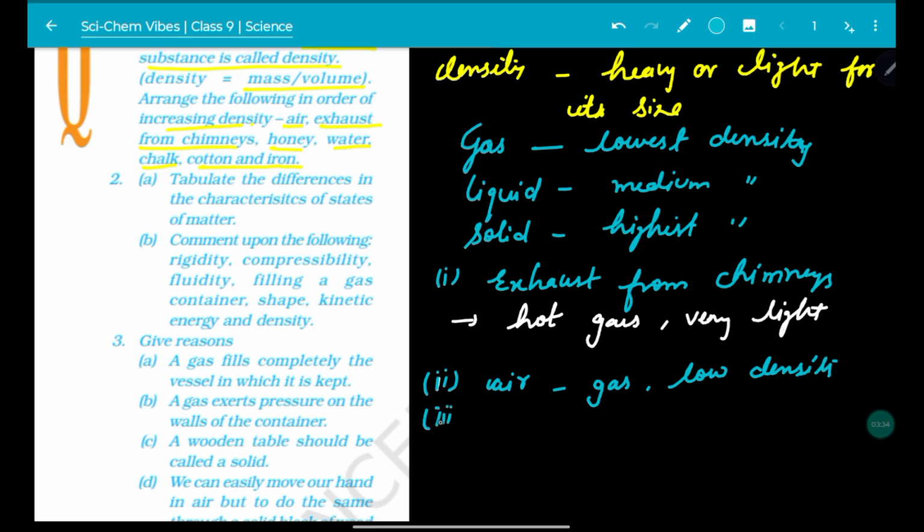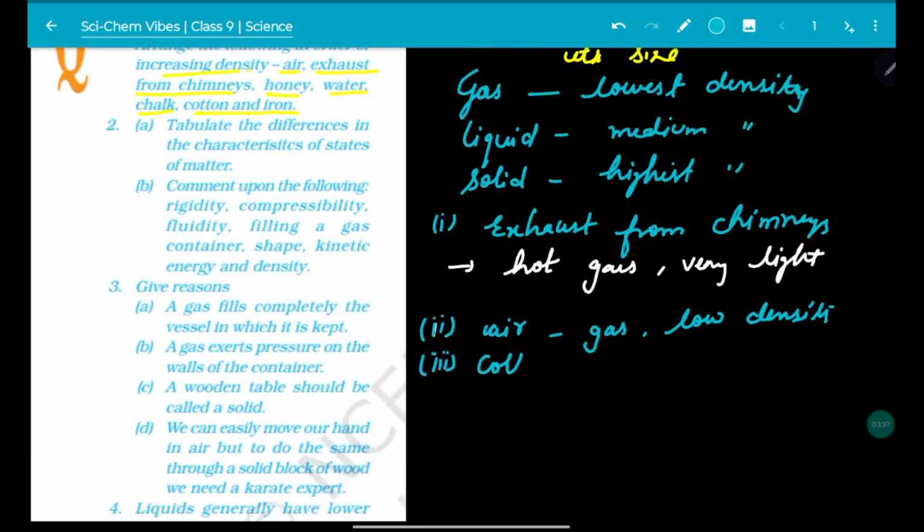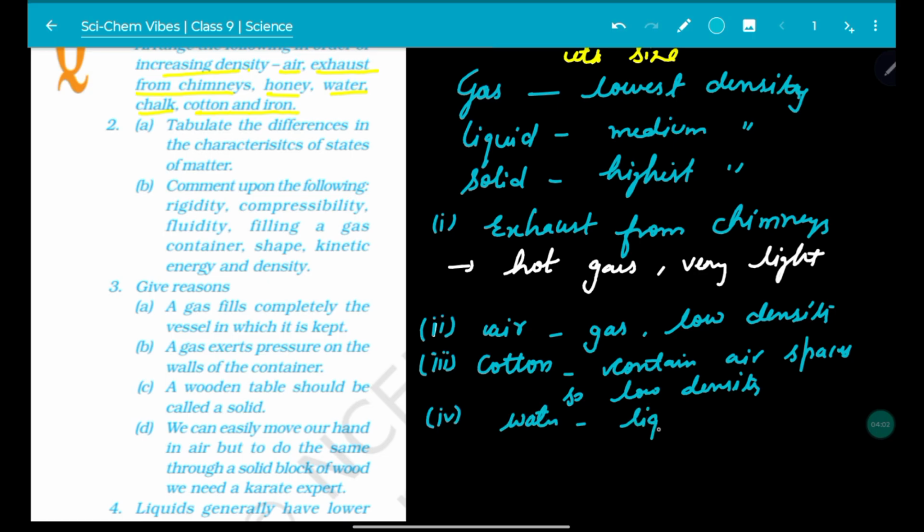Number 3 is cotton. It contains air spaces, so it has low density. Next one is water. Water is a liquid, and liquids have low density compared to solids but higher density compared to gas.